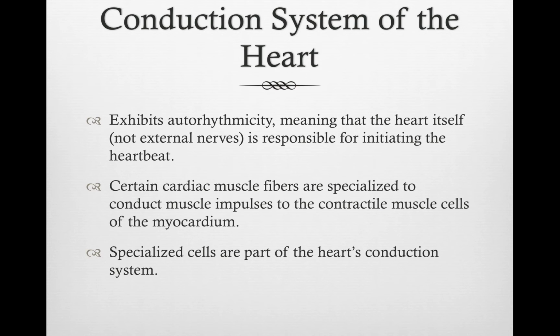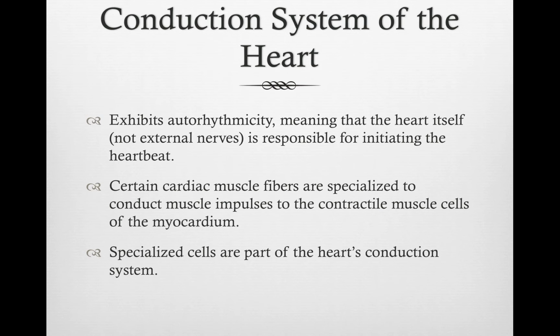The conduction system in the heart, remember the heart is autorhythmic, means it itself is responsible for generating its own heartbeat or initiating its own heartbeat. So it's got its own wiring system specific to the heart. Now, certain cardiac muscle fibers are actually specialized to be that network of muscle fibers that conduct these impulses, right?